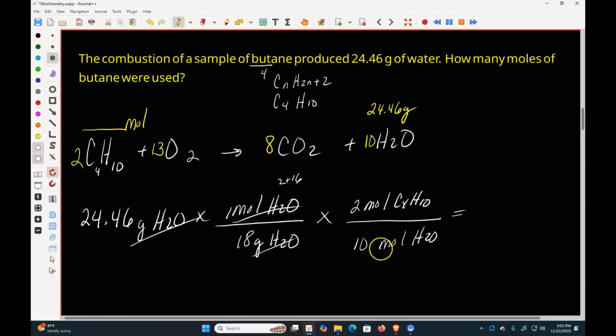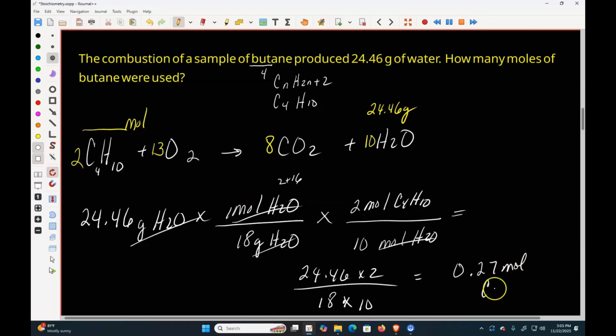Okay, so moles water cancels. So I'm left with 24.46 times 2 over 18 times 10. That gives me 0.27 moles of C4H10.